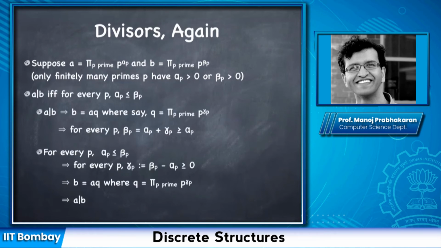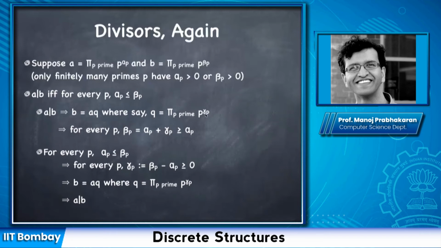And the definition of A divides B can now be equivalently understood as, for A to divide B, for every p, alpha p has to be less than or equal to beta p. Okay, and it's not very hard to see this in both directions. If A divides B, then by definition B is equal to A times q for some integer q, which itself can be prime factorized.